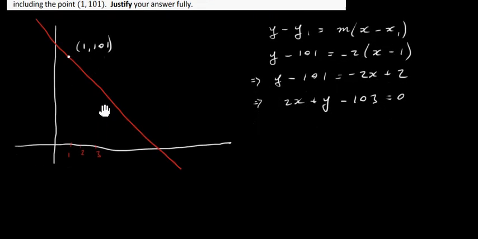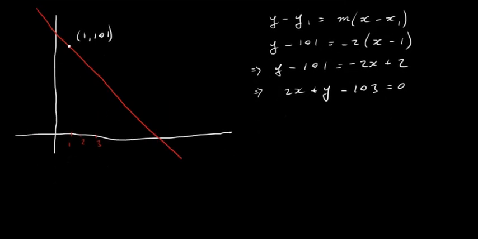What I'm going to do is have a look at where it cuts the y-axis and where it cuts the x-axis to give us an idea of the limits of the line that we're talking about. So let's look at the y-intercept first, this point up here.